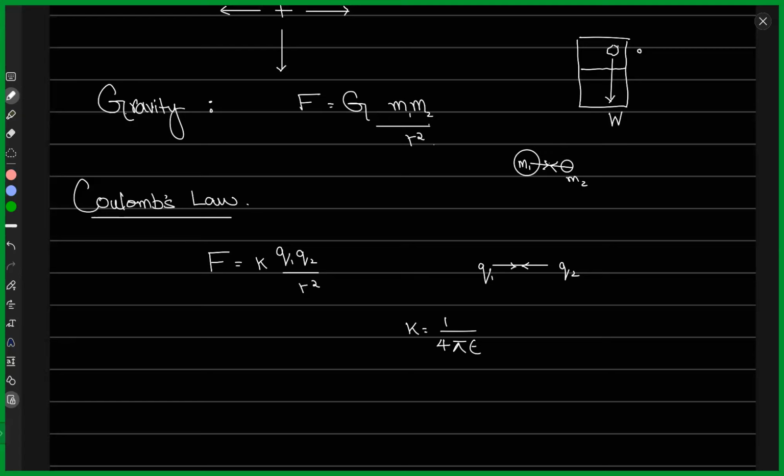You can see that it depends on the magnitude of the charges of these two bodies, Q1 and Q2. And again, it depends on the distance between these two bodies as the inverse square law. So, any question up until this point?